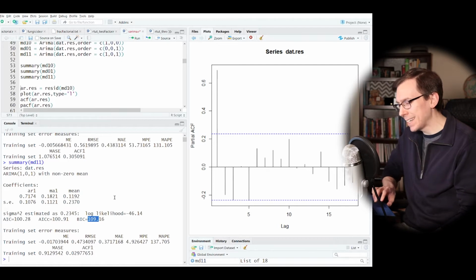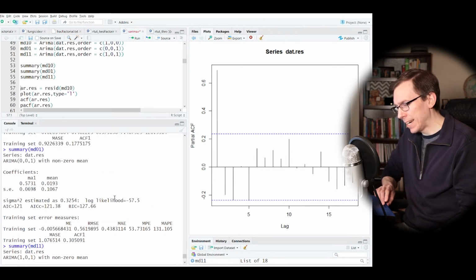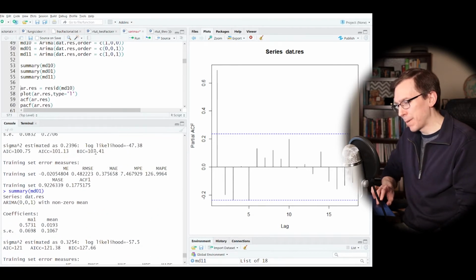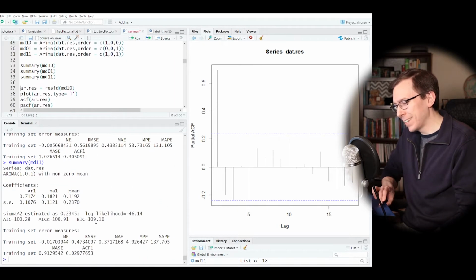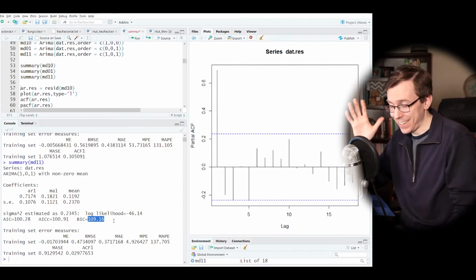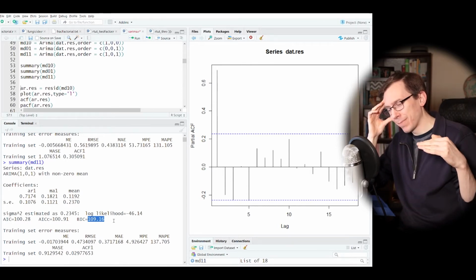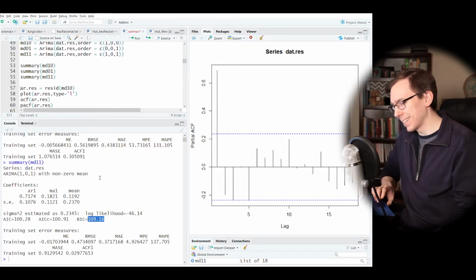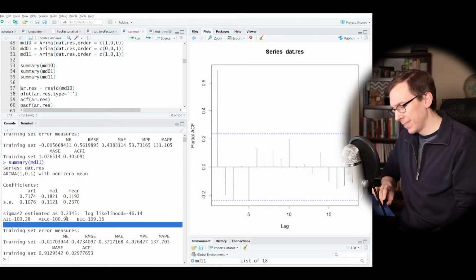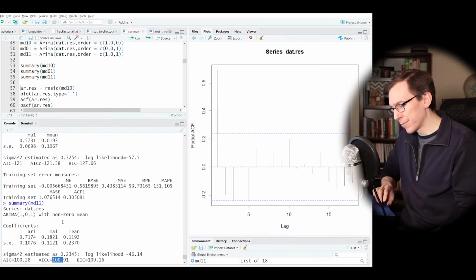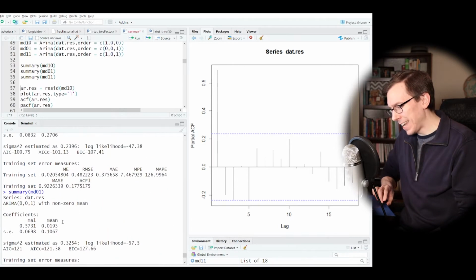In the case of the BIC, it actually, I think, went up. Right, if we go back to our BIC here, it's 107.4. Down here, it's 109.6. So now we have an issue. The AIC went down very slightly. The BIC went up very slightly. I think our adjusted or corrected AIC is a 100.9 for the ARMA. It is a 101.1 for the AR.